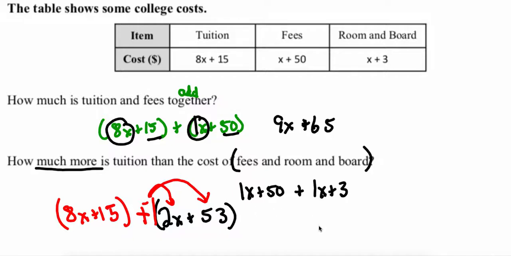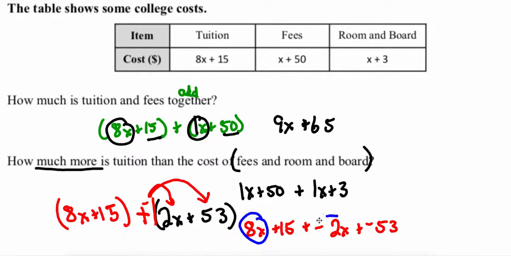So negative 1 times 2x is negative 2x. Negative 1 times 53 is negative 53. And then the rest of my expression just hangs out. 8x plus 15. But now I'm ready to go ahead and combine my like terms.